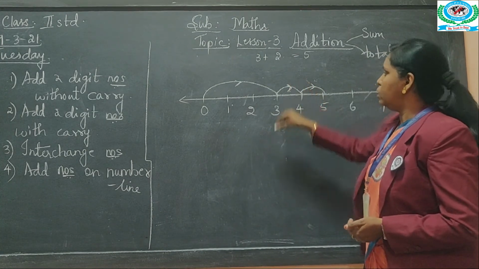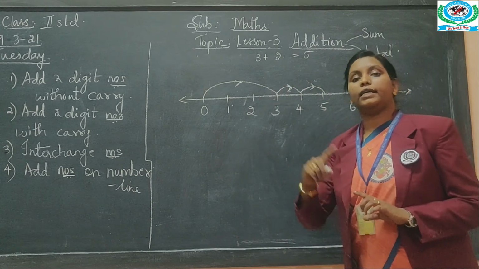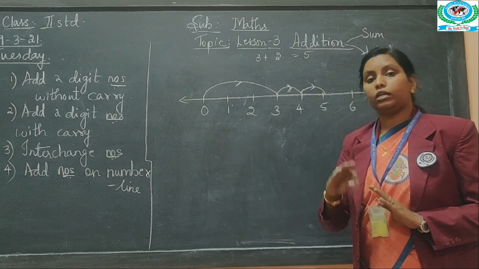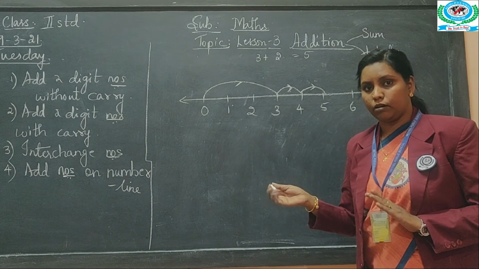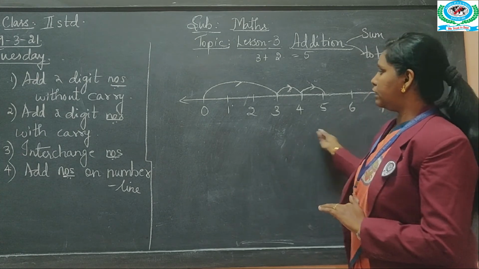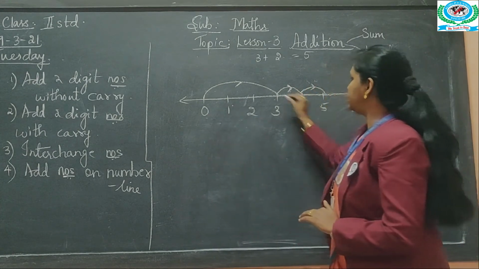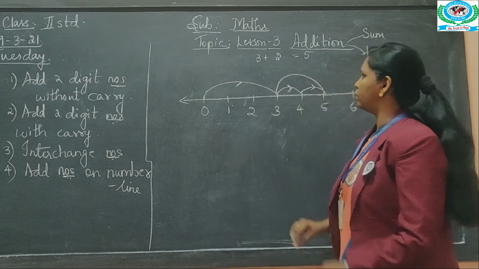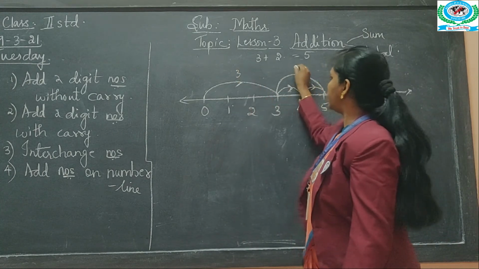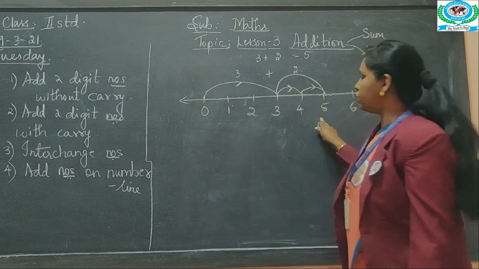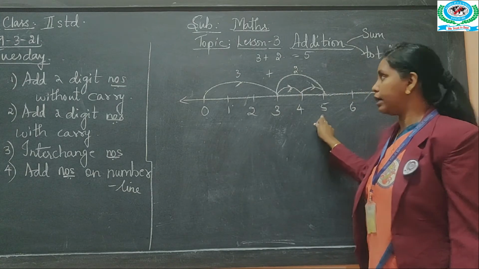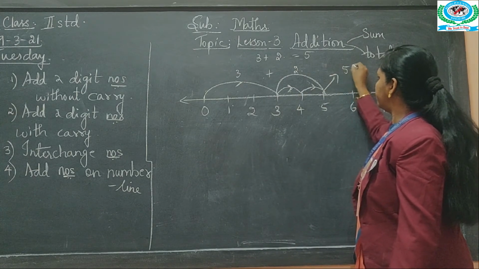Now what is the total distance she has jumped? This is 3 and this is plus 2. So what you are getting here, the number on the number line, is 5.